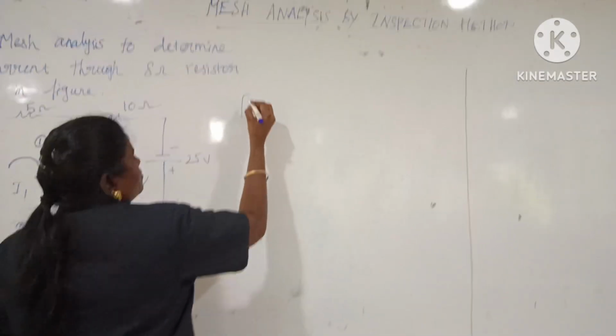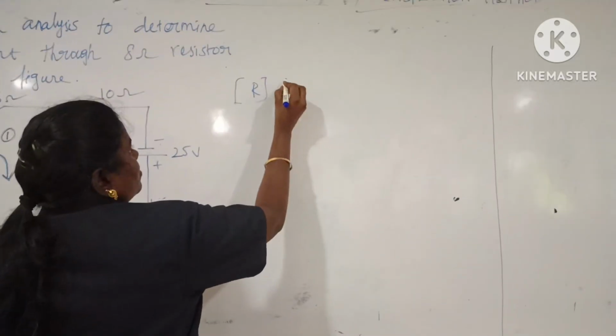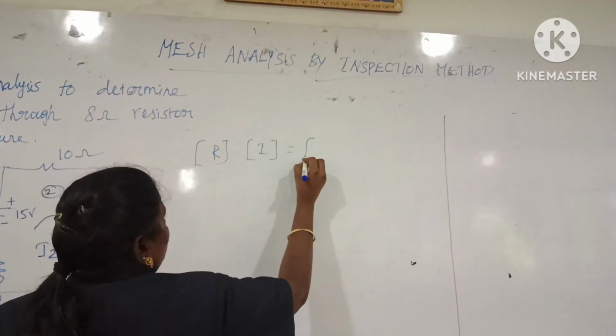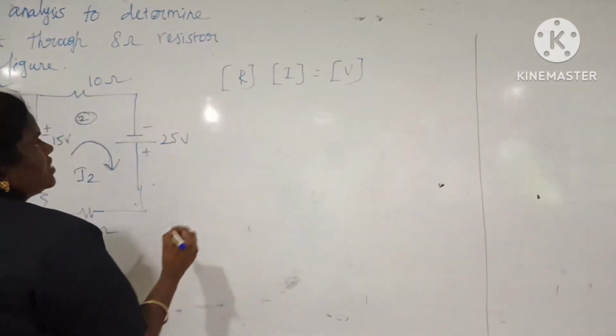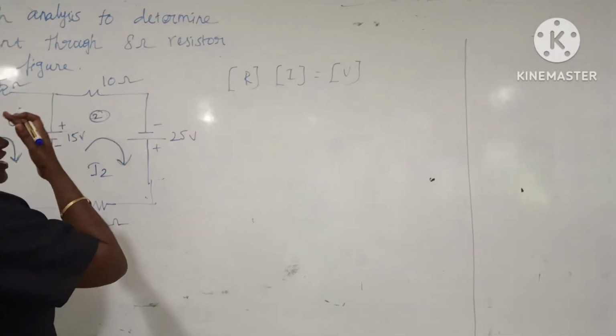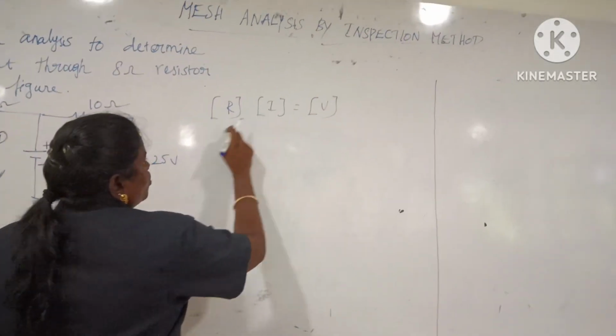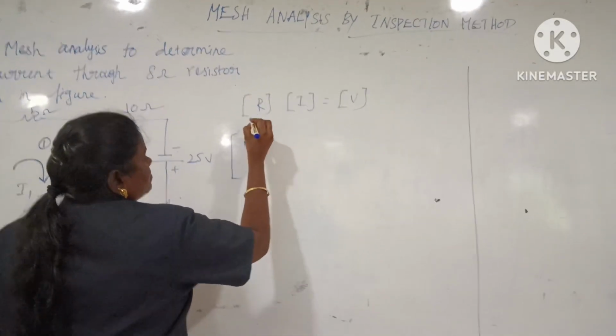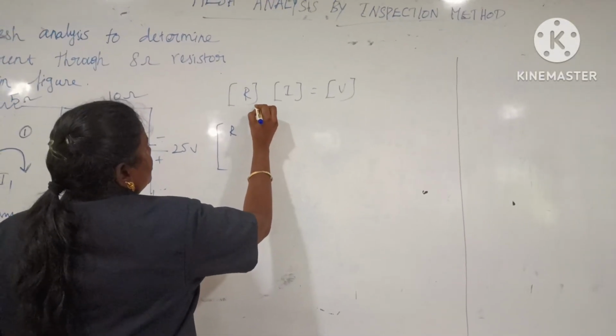So for the formation of the inspection method, first you have to write the matrix form. This is the general matrix form for the mesh analysis method: V is equal to I into R. Then write the resistance equation.